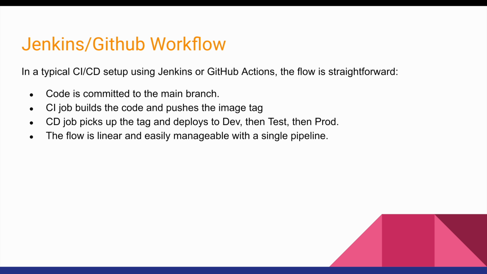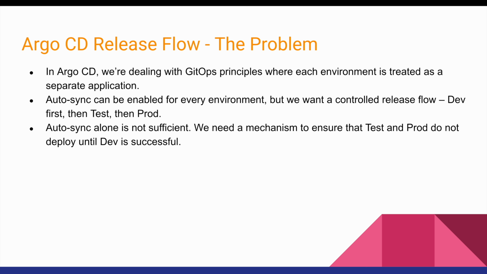So now we will see how we can achieve this with Argo CD. First, let's talk about the problems, or rather, it's not a problem, but why Argo CD is different from Jenkins or GitHub Actions. In Argo CD, we are dealing with GitOps principles, right?